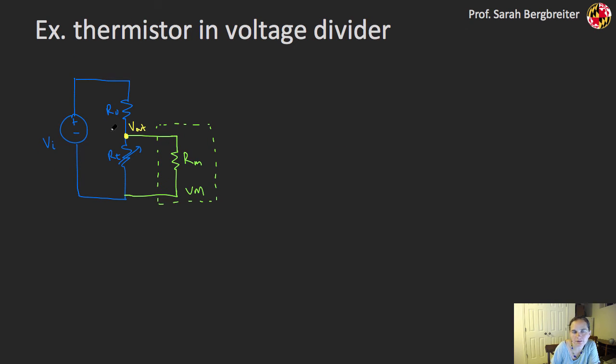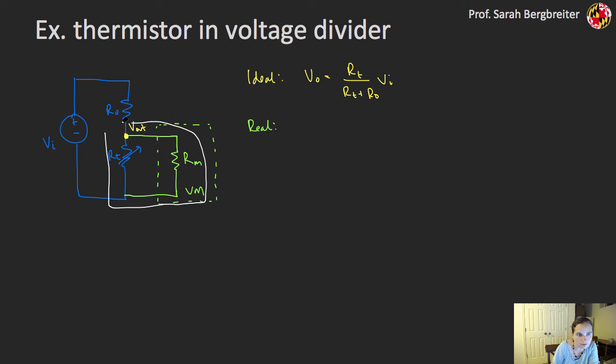For a more complex example, let's go back to that thermistor circuit. And now I'm hooking up a voltmeter to that and trying to measure this V out here. And in my ideal case, I'm going to get a V out that is based on just this resistor divider circuit. So I'd have RT over RT plus R0 times Vin, where RT is my thermistor value and R0 is the other resistor in my voltage divider. In reality, I now have two resistors in parallel down here, right?